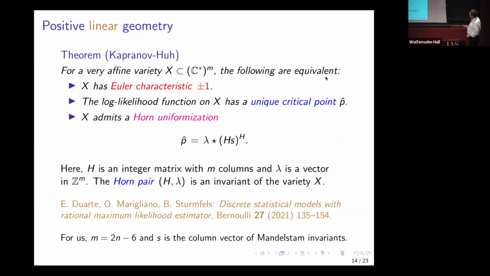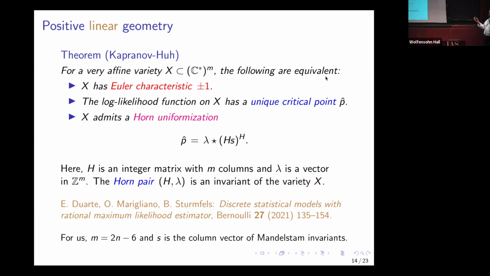For any very affine variety X, where very affine means it's a closed subvariety of a torus, so X is defined by a system of Laurent polynomial equations in m unknowns, the following 3 conditions are equivalent. The first condition is that the Euler characteristic up to sign is 1.